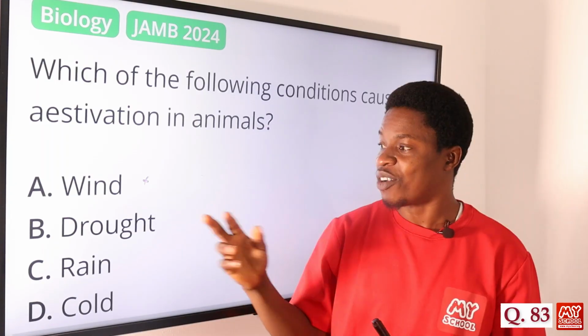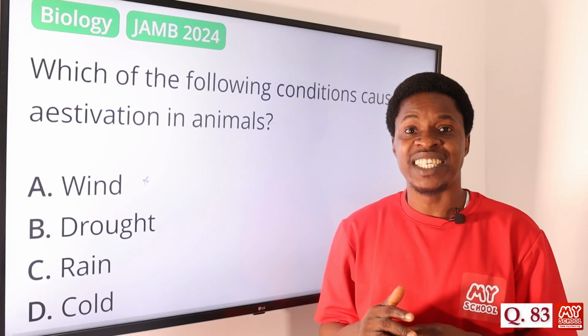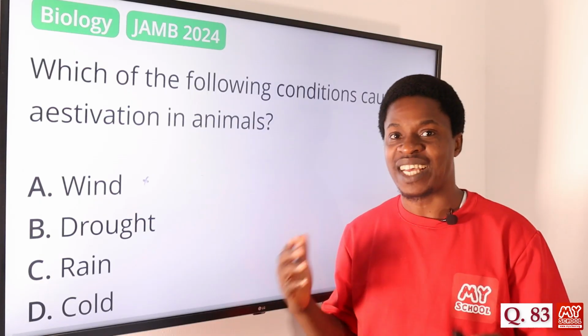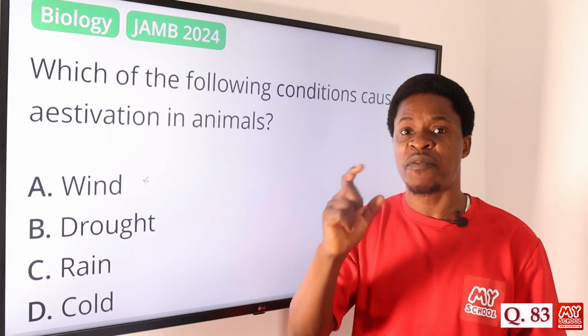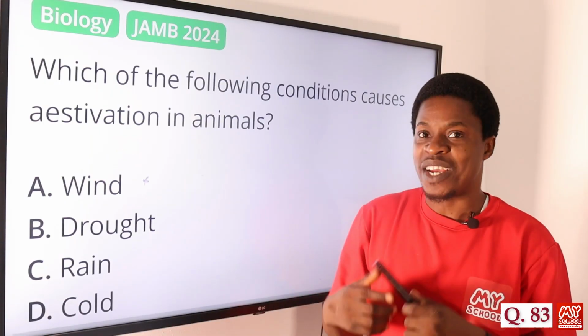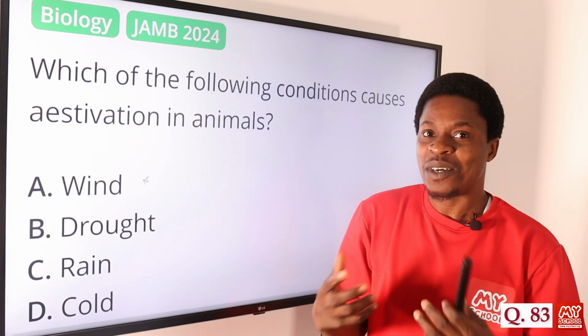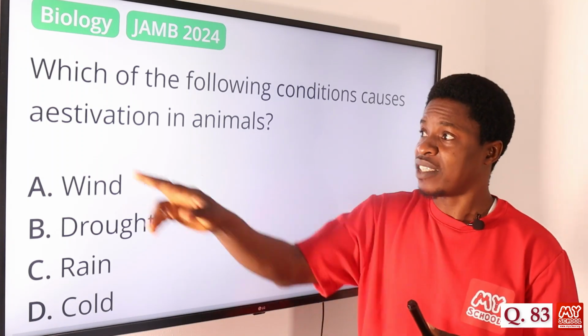Option B is drought. Drought has to do with a time when there is dryness and hot weather condition, maybe there's scarcity of water or food. So drought is a primary factor that can trigger estivation. When there's heat, the food that is available will be conserved.